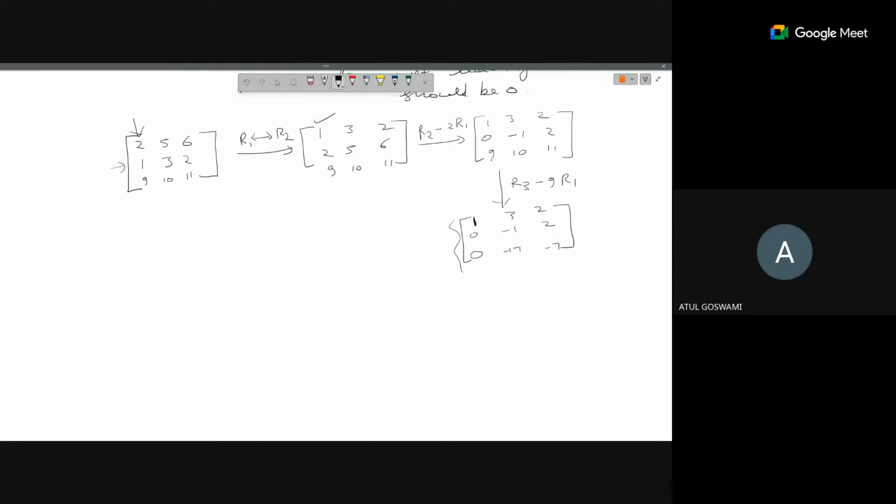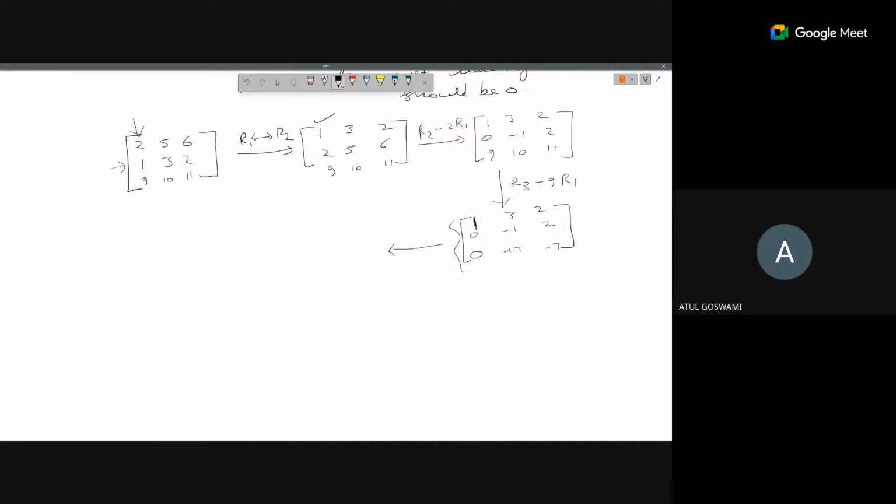Now you can see that this is the leading entry column. In this first row, you have interchanged and multiplied by 1, right? First I interchanged the first row with the second row. Then I applied row 2 minus 2 times row 1. And why am I doing this?